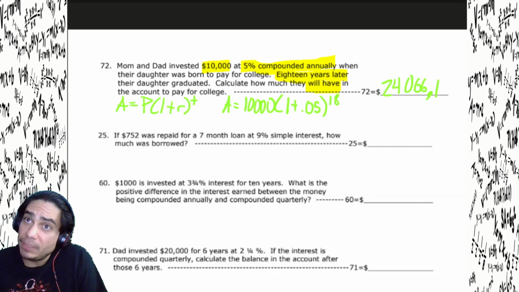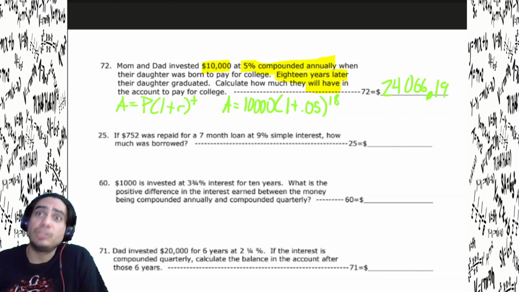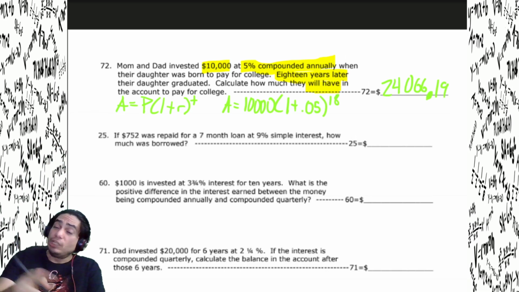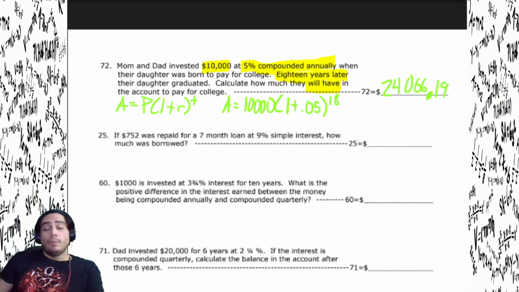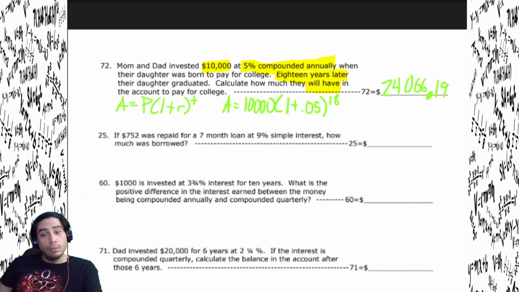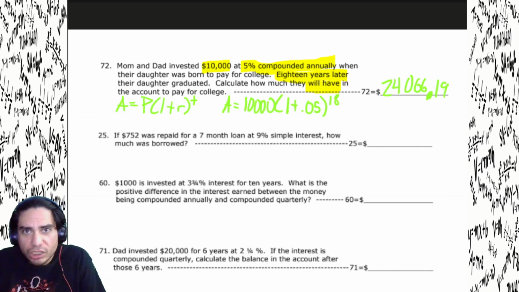Whoa, I could have gotten that big time wrong. Look at that, it looks like a comma. You don't put commas, you put decimals. So make sure you write legibly, okay? Because I almost messed up there. But man, I'm over here freaking out that $10,000 more than doubled.